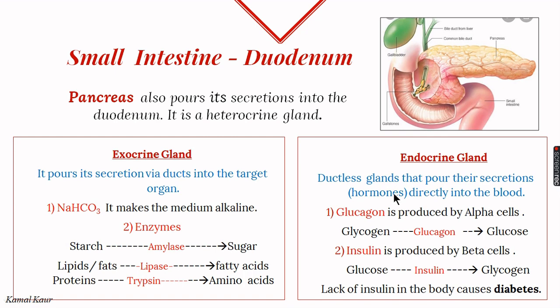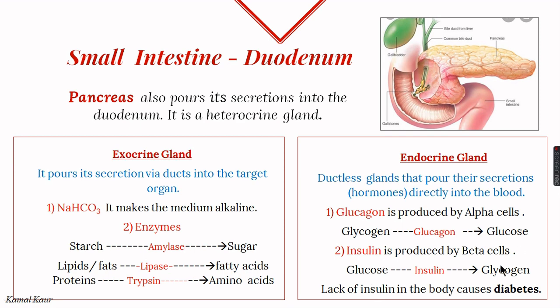So there are two hormones which are secreted. Number one is glucagon. Glucagon is produced by the alpha cells of the pancreas and they convert glycogen into glucose. Another hormone which is secreted is insulin, which is produced by the beta cells and they convert glucose into glycogen.